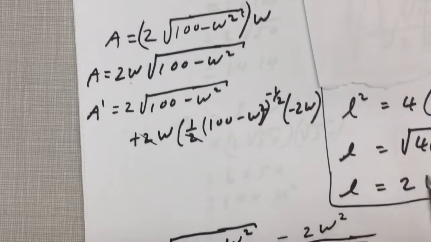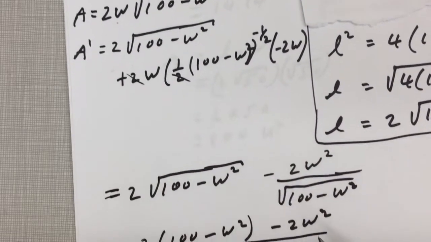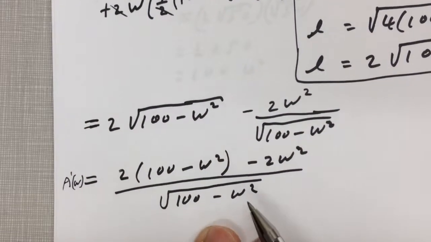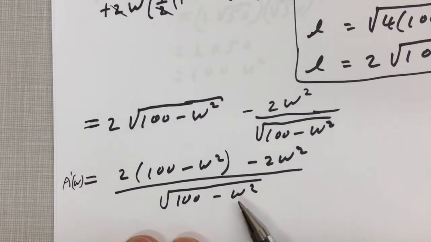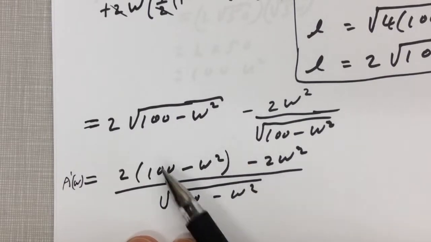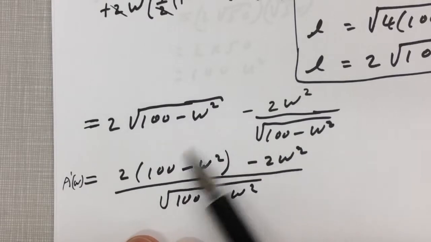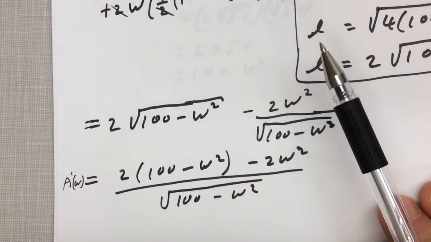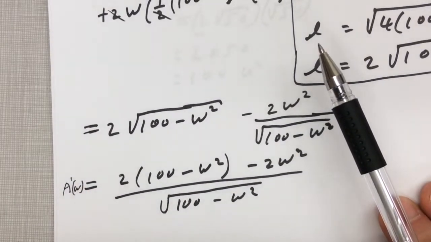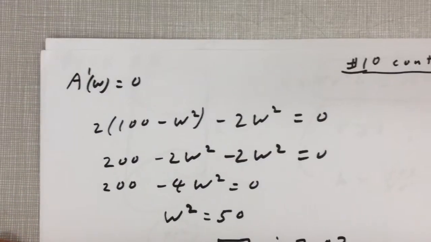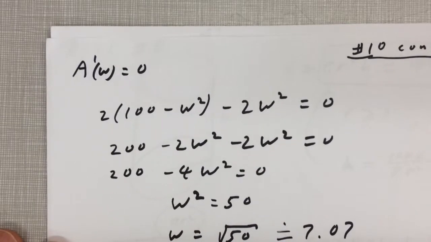Once you've done that, you can rewrite it as these. And at this point, you can solve the numerator to see when the numerator equals 0. You're going to want to simplify it a little bit. Simplifying the numerator gives us this.